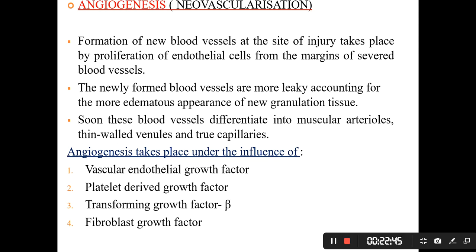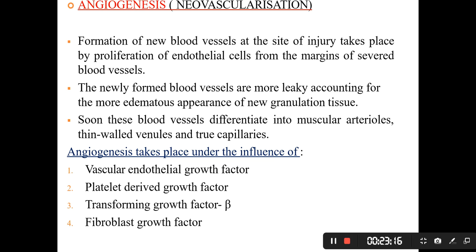Angiogenesis means the same thing as neovascularization, and it means formation of new blood vessels, okay. You will see this term in neoplasia also, okay. It basically means forming new blood vessels, and whenever new blood vessels are formed it means new cells are getting formed, okay. So that is angiogenesis, formation of new blood vessels at the site of injury, which takes place by the proliferation of endothelial cells from the margins of severed blood vessels.